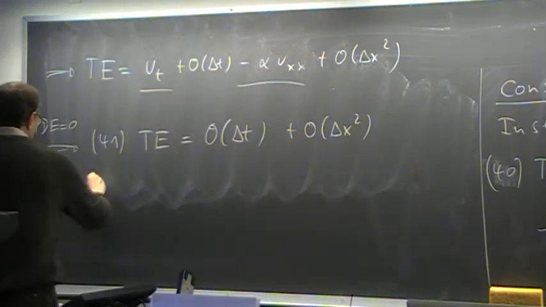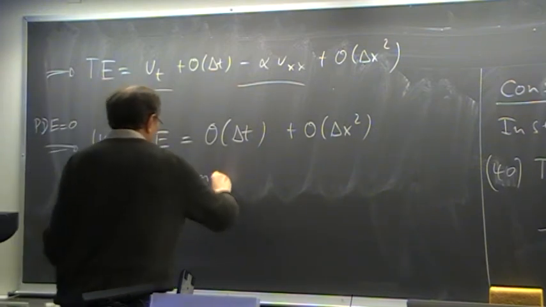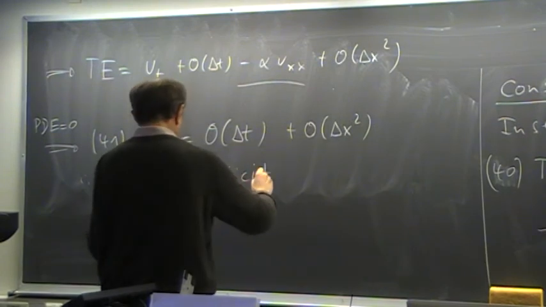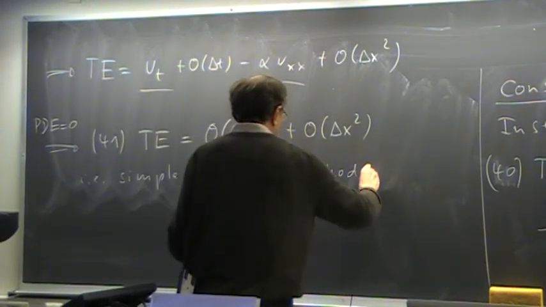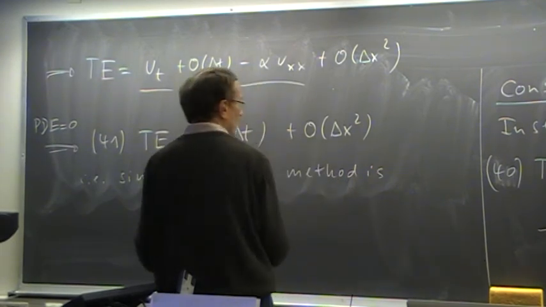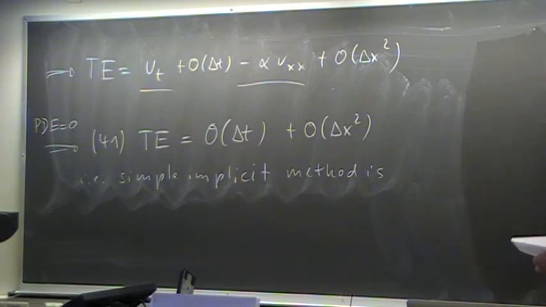So that means that the simple implicit method is first order in time, second order in space. And that's the same as for the time-centered space.